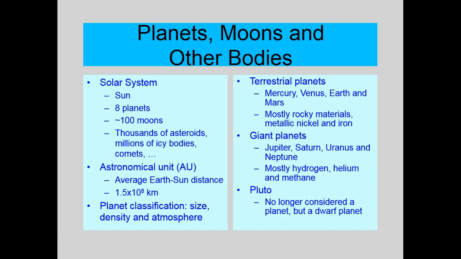Okay. Moving on out, past the asteroid belt. Remember what they said the predominant gases of the gas giants are? Hydrogen, helium, and methane. And there you see Jupiter, hydrogen, helium. Saturn, hydrogen, helium. Uranus, hydrogen, helium, and methane. Neptune, hydrogen, helium, and methane.